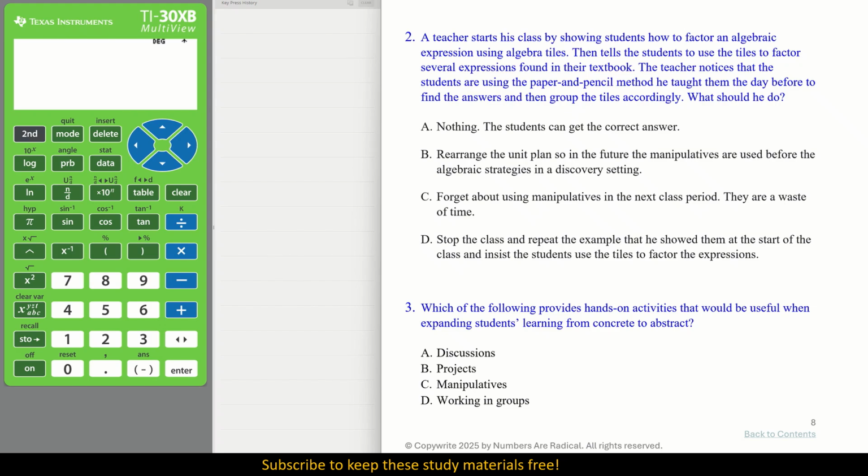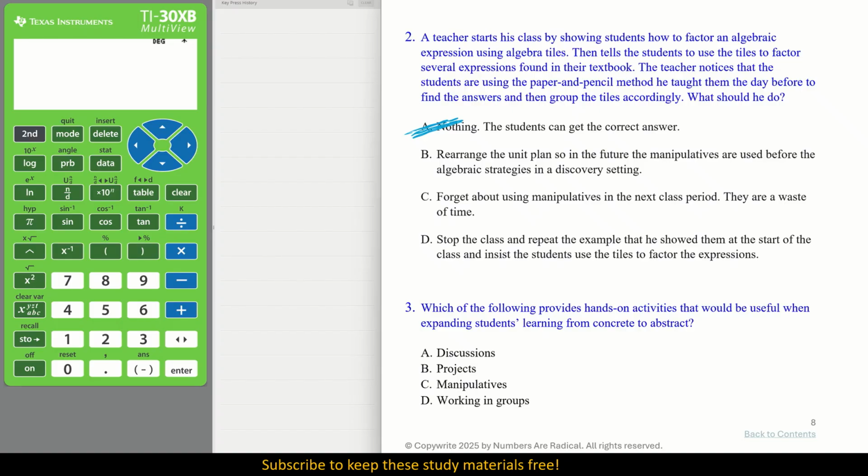A, nothing. The students can get the correct answer. That is neutral. There has to be an action, and it has to be a positive action from the educator. So mark it out. Anything that sounds like that, you just don't consider it.